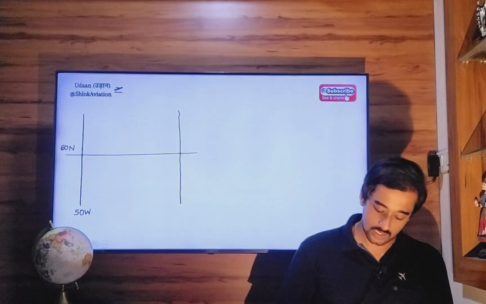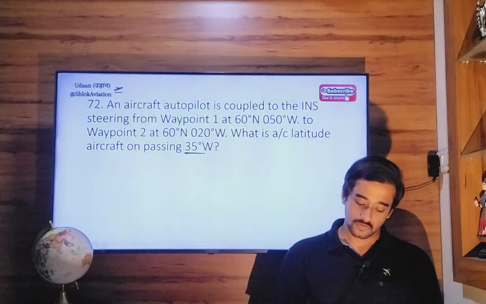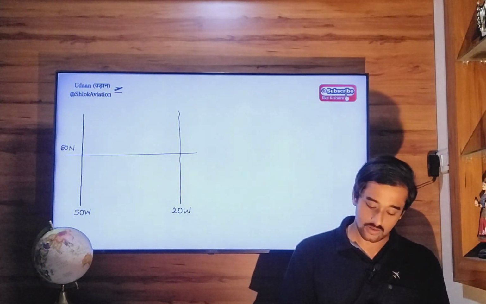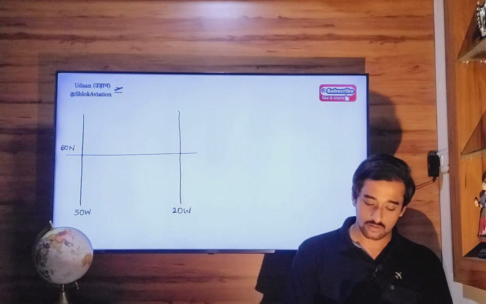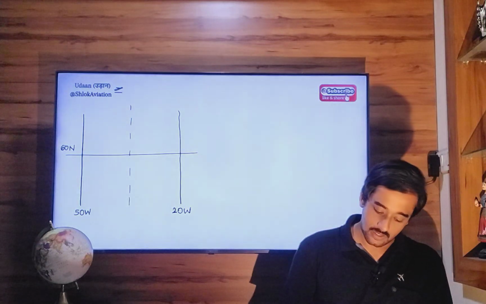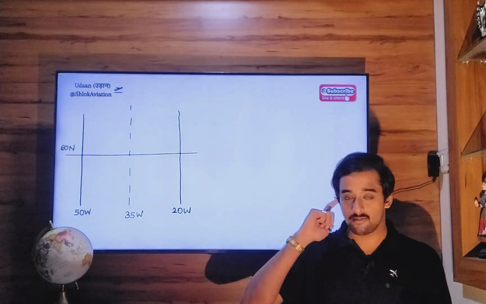Bravo, 60 north and 20 west. 35 west longitude will be right in the center, right between these two longitudes, 50 west and 20 west.